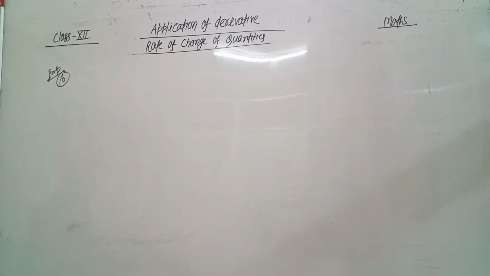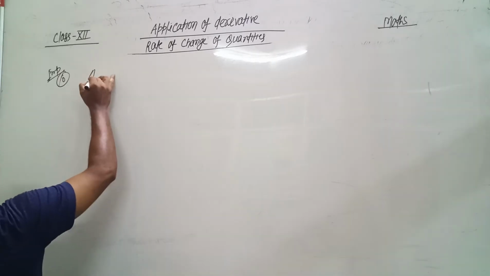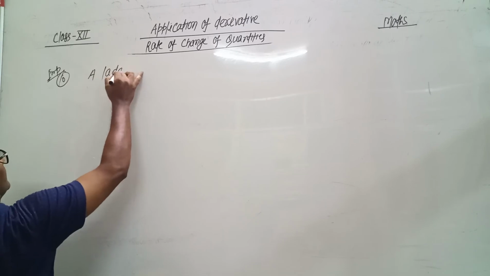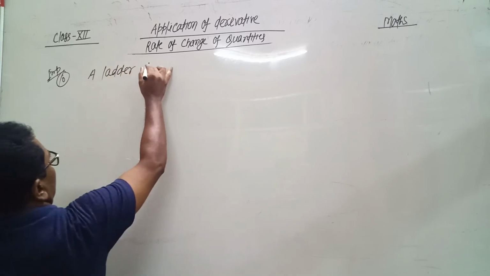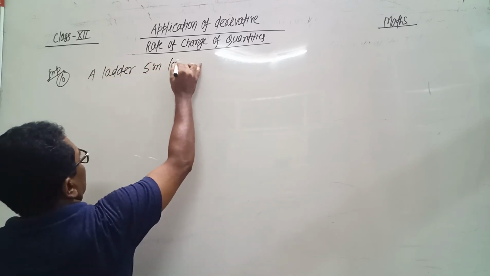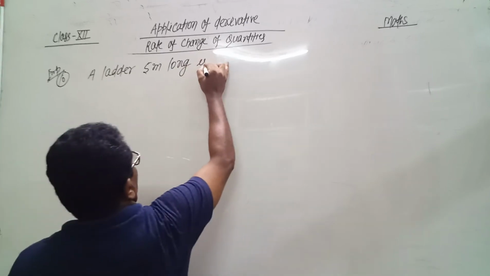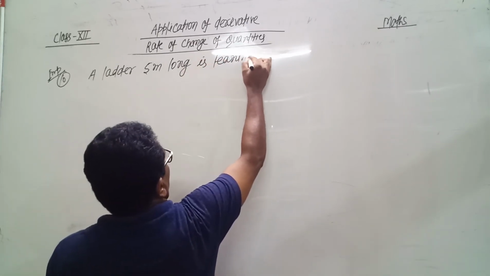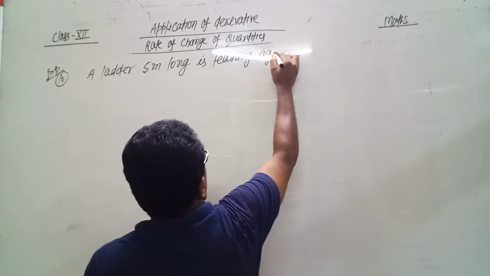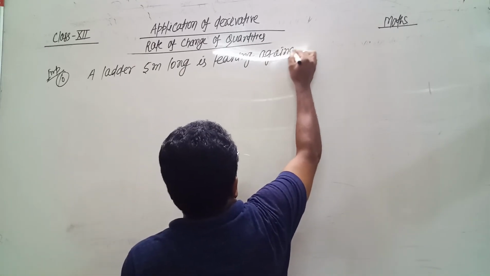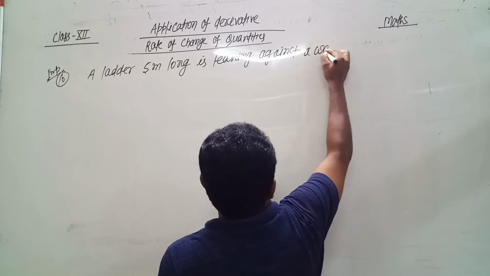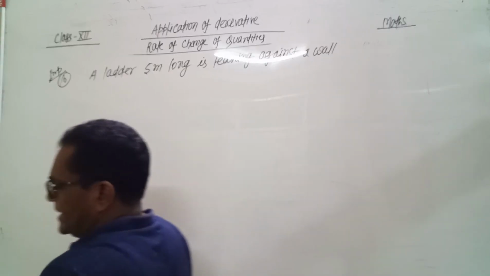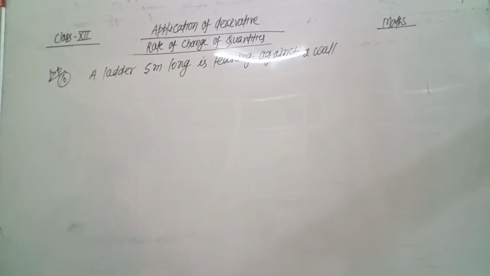A ladder 5 meter long is leaning against a wall.